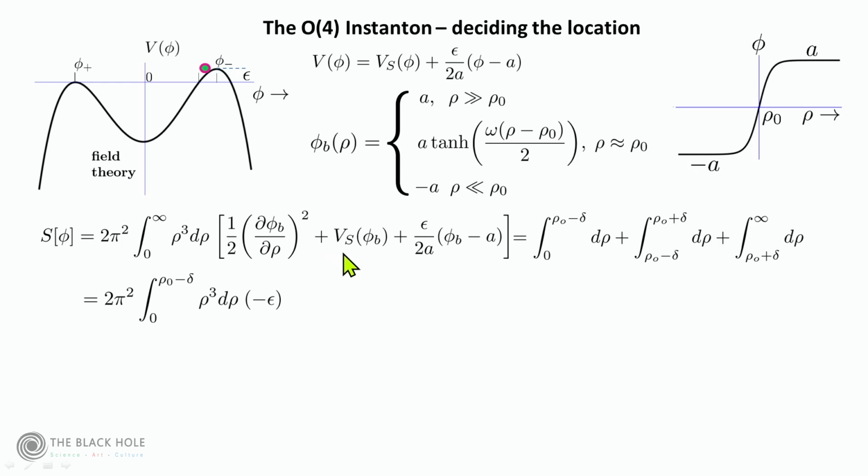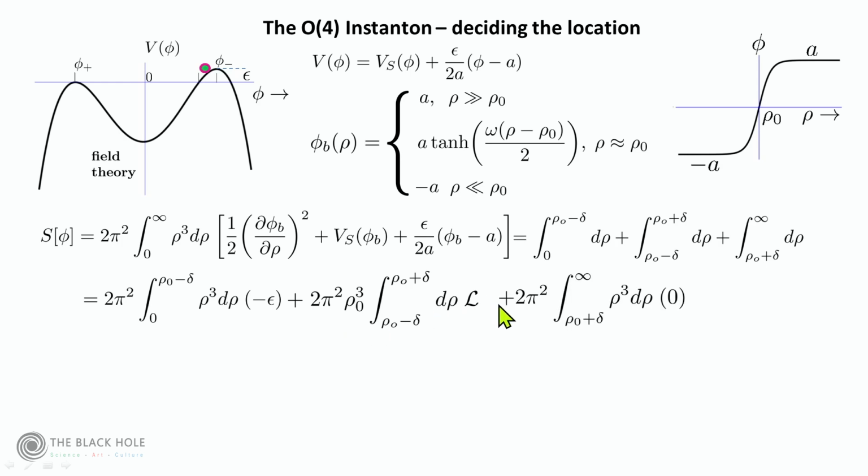And this over here is minus epsilon. Okay, so we have this over here. Then we integrate across the instanton, so where it is rapidly changing from one value to the other. So we need to do this integral.